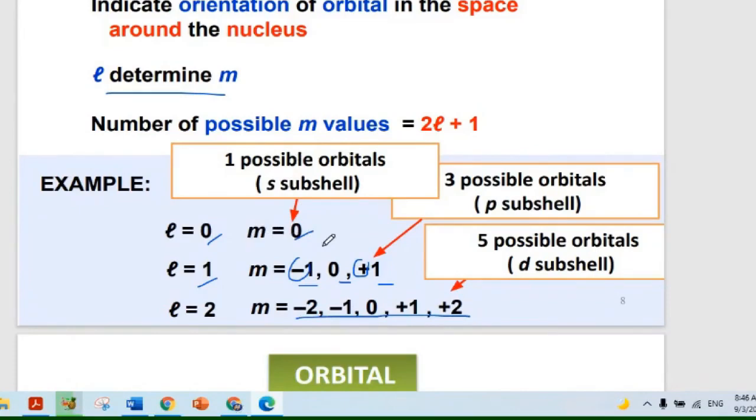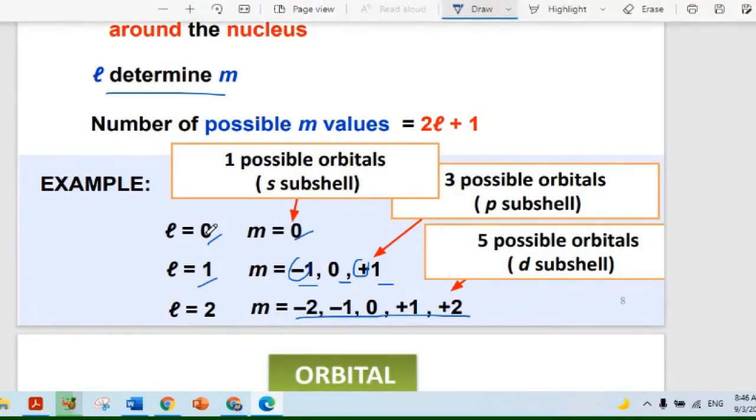That's why when L equal to 0 is S subshell, there is only one orbital. One orbital can accommodate 2 electrons. For P, there are 3 possible orbitals: Px, Py, Pz, 3 orientations.